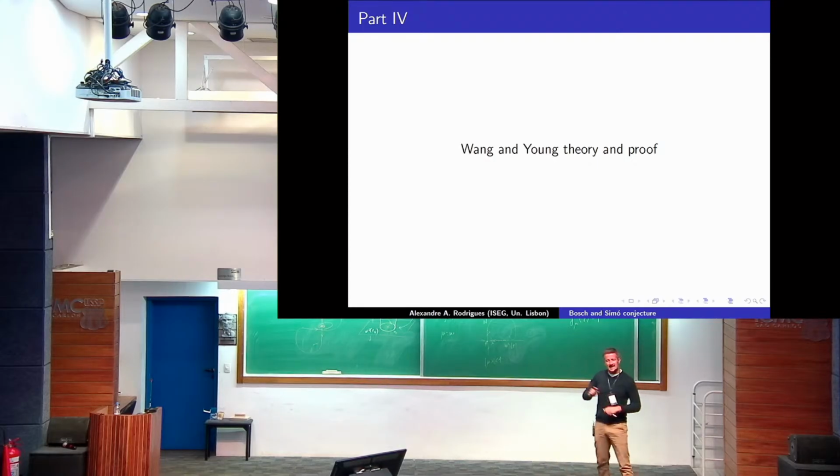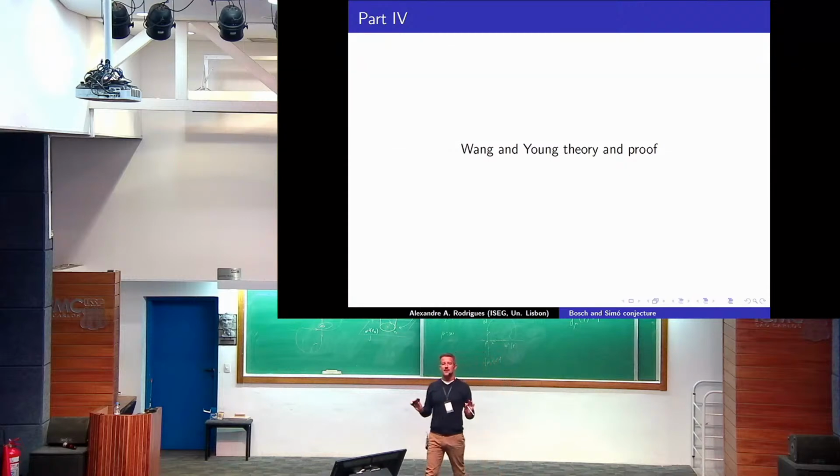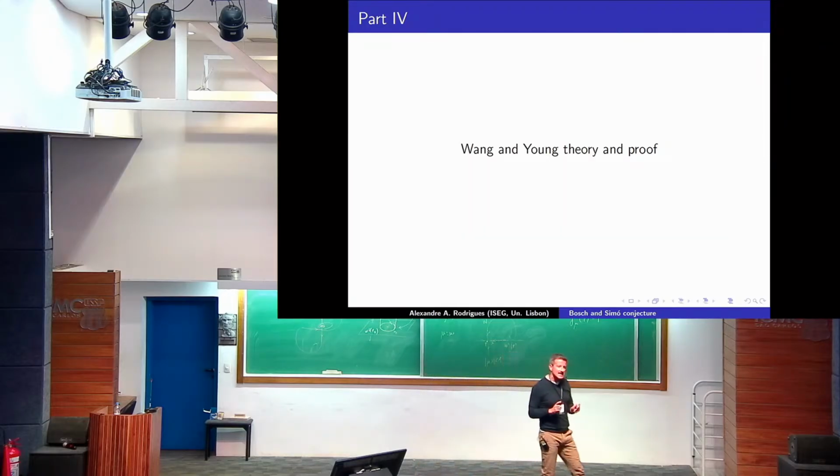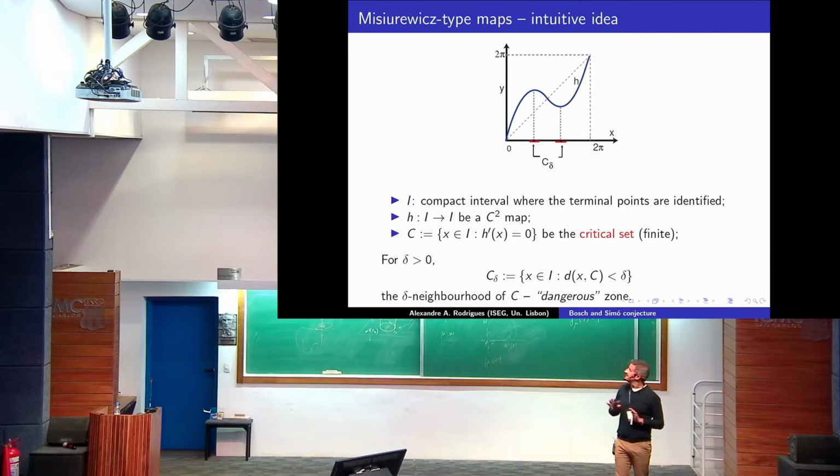I'm going to give just the idea of the proof. The fourth part is a little bit technical, but I'm going to avoid details. Trust me, okay? So in the proof, I'm going to use the theory of Lai-Sang Young and Wang. But first of all, I need to know the definition of a Misiurewicz map. What is a Misiurewicz map?